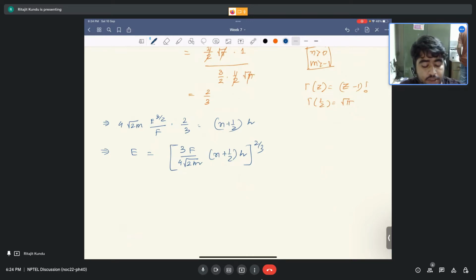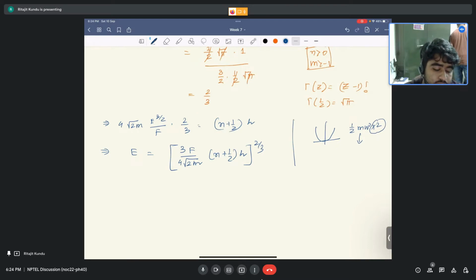But in contrast, when you have done the harmonic potential, where you have half m omega square x square, just look at the factor of x square, the algebraic dependence on position. For this you can also perform the same business, but because you have already solved the Schrodinger equation for this potential, the energy is nothing but n plus half, times h bar omega, so it depends linearly.